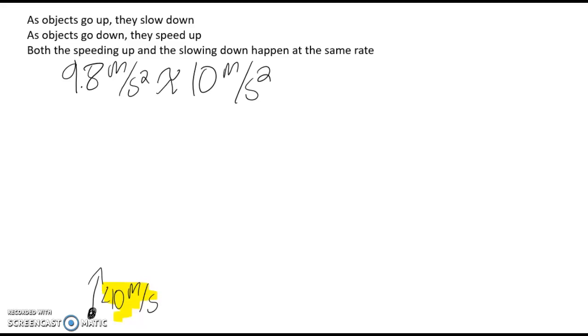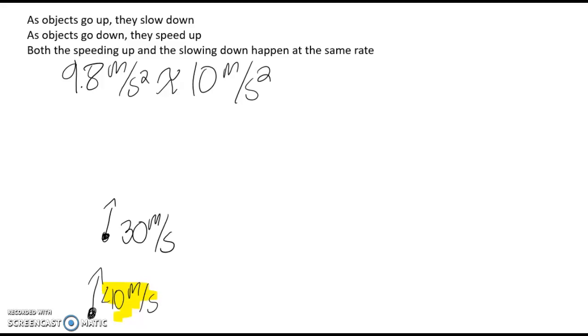Now, for the purposes of this thought experiment, we're going to round 9.8 meters per second squared. We're going to say that's very close to 10 meters per second squared. So what that means is after the first second, instead of going up at 40 meters per second, it's still going up, but at 30 meters per second now.